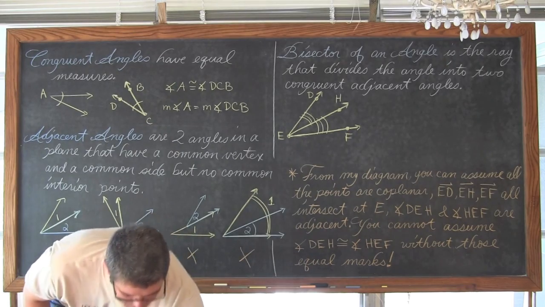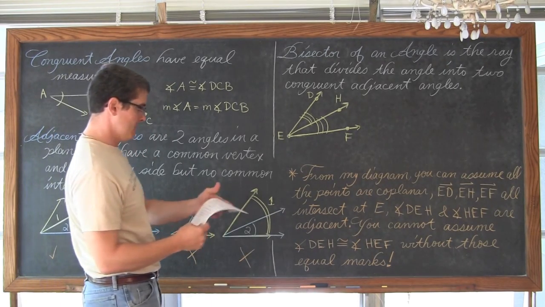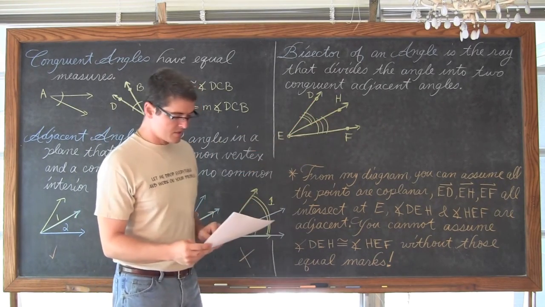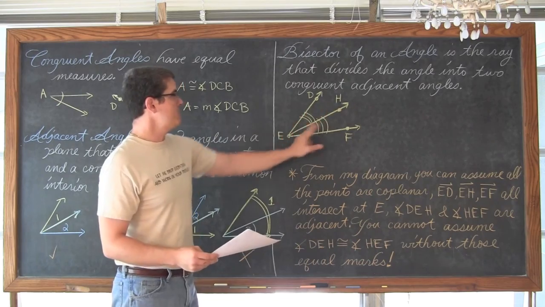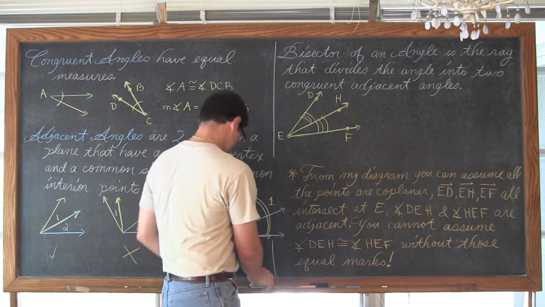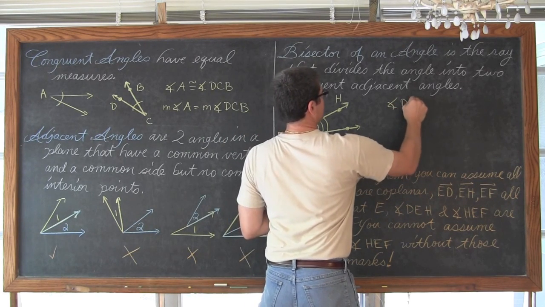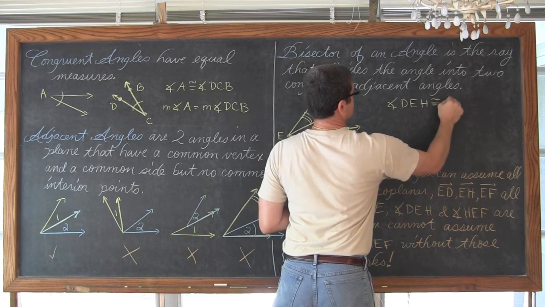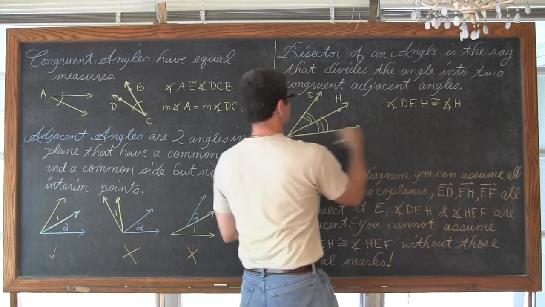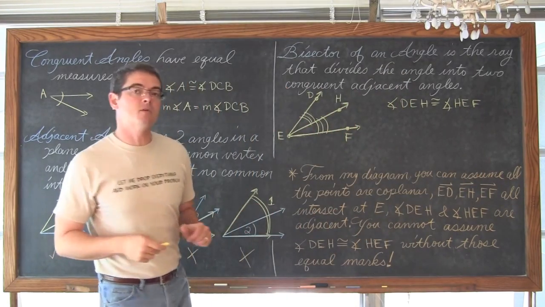So what do I want to do with this? Well, let's see here. I just want to make sure I don't miss something that I want to include. We have angle DEH is congruent to HEF. That means that angle DEH is congruent to angle HEF. That now, of course, also means that their measurements are equal.